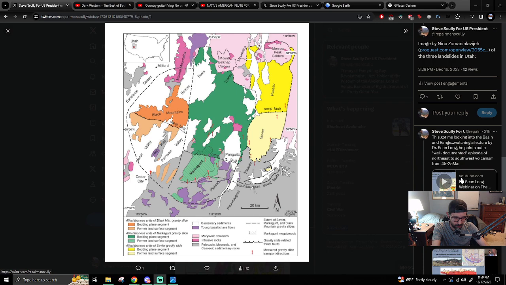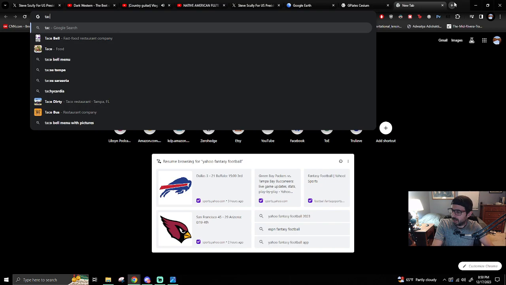Let's see. Pseudo-tachylite. So in this region where these landslides are is found pseudo-tachylite. It's a tachylite. Just look it up.